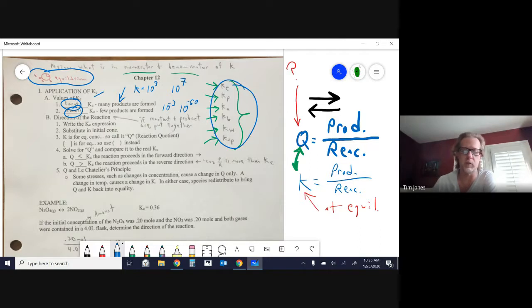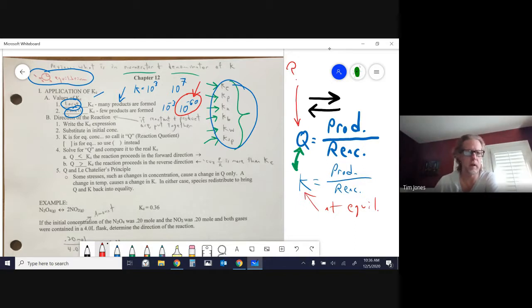In other words, that means the reaction barely goes forwards at all. This would be something like if you take a rock and you put it in a bucket of water, a few ions might dissolve, but for the most part, the rock is not going to dissolve, so it has a very small constant saying that it's not wanting to go forwards much at all.